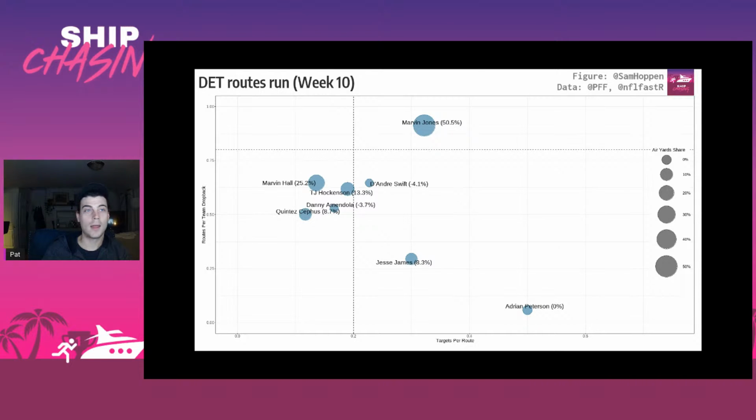Moving to wide receiver, Marvin Jones had a really nice week. He had an alpha wide receiver week. You can check it out here on the chart. He ran a route on 91% of dropbacks, had a 31% target share, 50% of the air yards. Eight out of 11, so it came in this intermediate depth type of role, not just a pure deep threat.